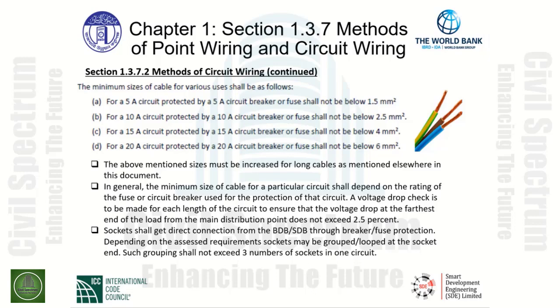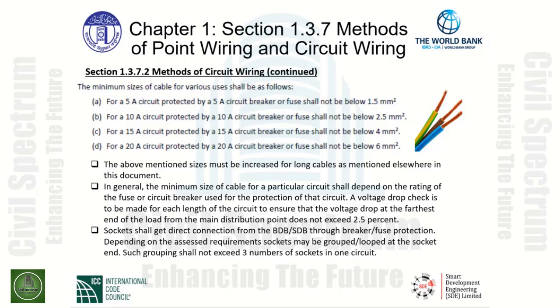In general, the minimum size cable for a particular circuit shall depend on the rating of the fuse or circuit breaker used for the protection of that circuit. A voltage drop check is to be made for each length of the circuit to ensure that the voltage drop at the farthest end of the load from the main distribution point does not exceed 2.5%.